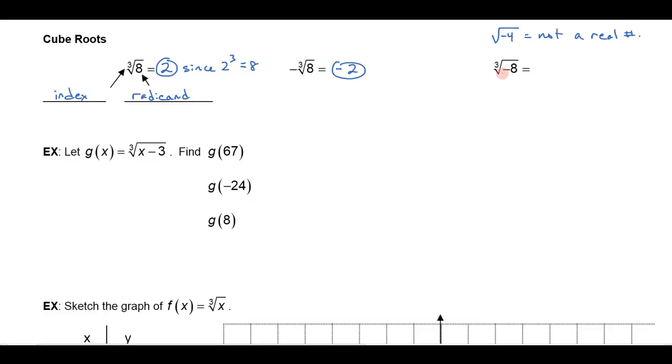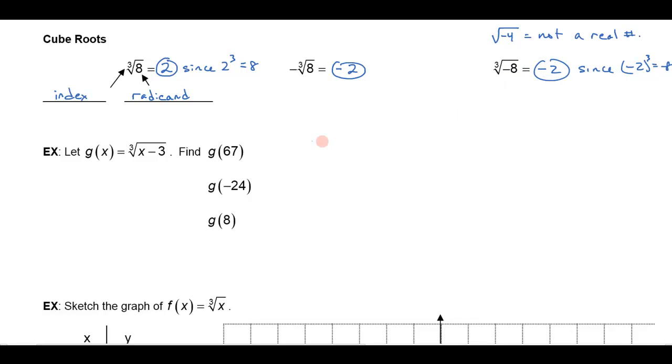But the cube root, because it's an odd index, will actually give me a negative 2, since if I cube a negative 2, that does give me a negative 8. Okay? So I can take cube roots, in fact fifth roots, any odd root of a negative number, but I can't take square roots or fourth roots or any even root.